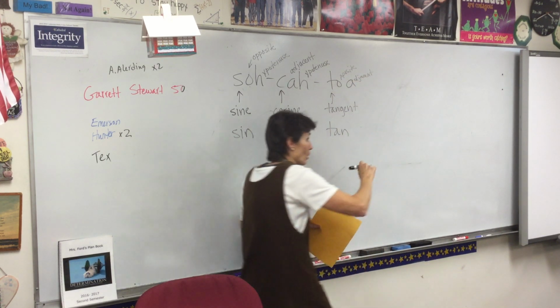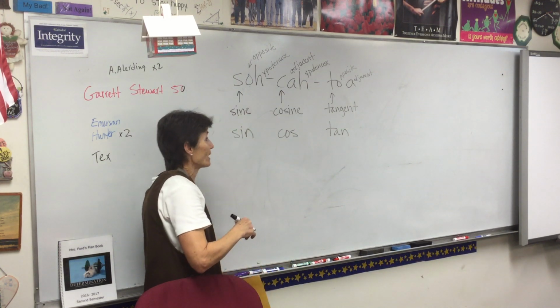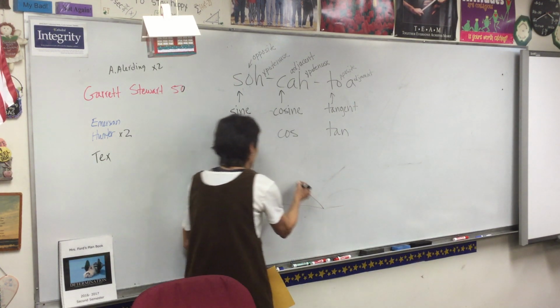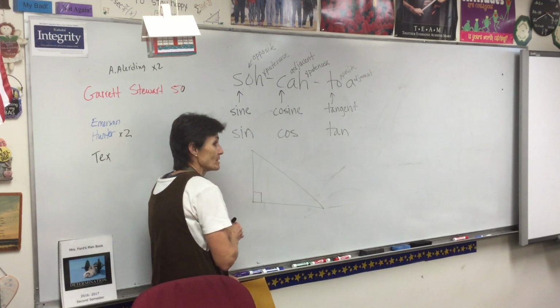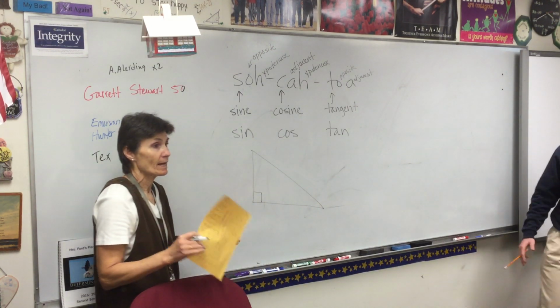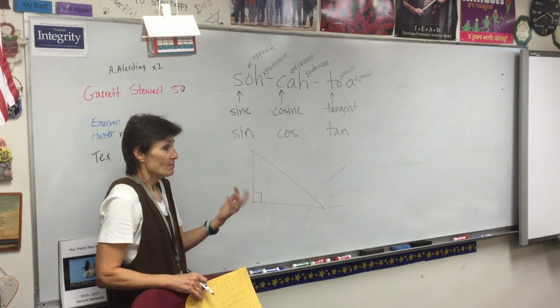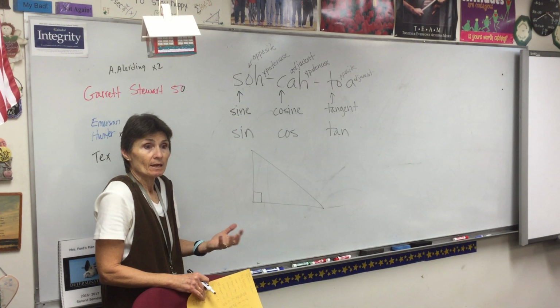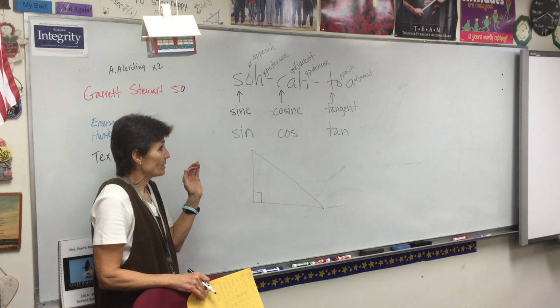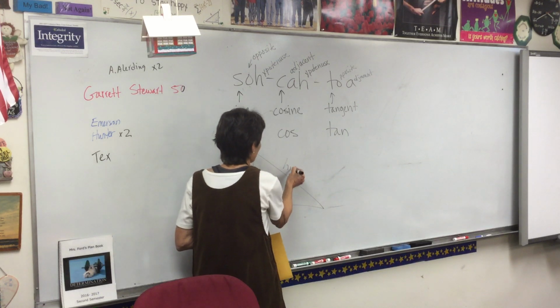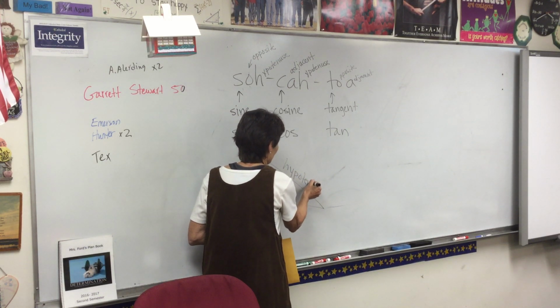When I look at a right triangle, and this is what we call right triangle trigonometry, you are always going to be dealing with right triangles in this chapter. When we get to chapter 5, then we'll look at triangles that aren't right. But every triangle we do here is going to be a right triangle, so every triangle is going to have a hypotenuse.